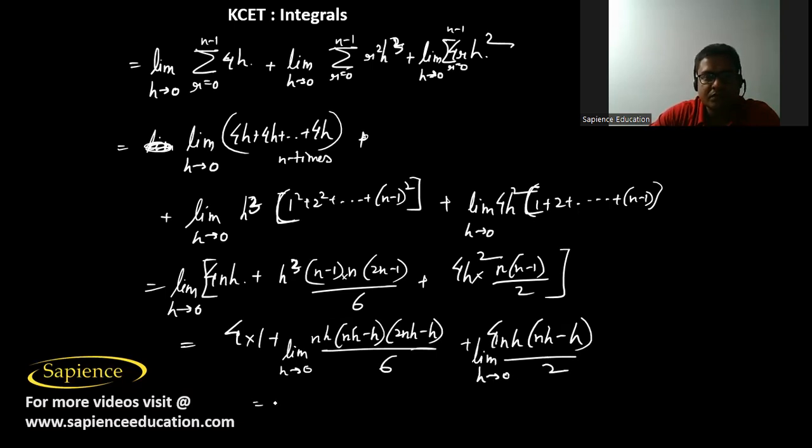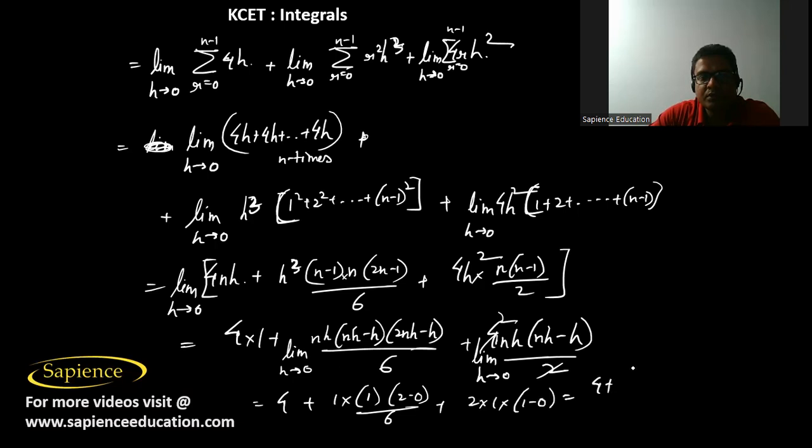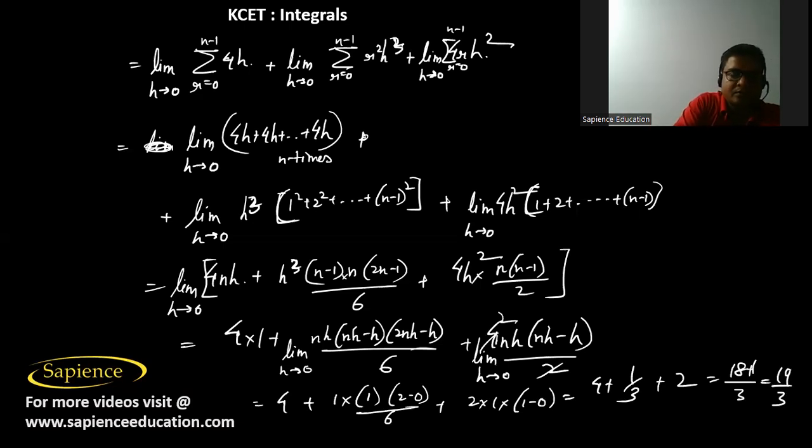So this is 0 and this is 4 plus, nh is 1, so 1 into 1 minus 0 into 2 minus 0 by 6, plus 2 into 1 into 1 minus 0. So this is 4 plus 1 by 3, 2 by 6 is 1 by 3, plus 2, which is 6 threes are 18. So 18 plus 1 by 3, which is 19 by 3.